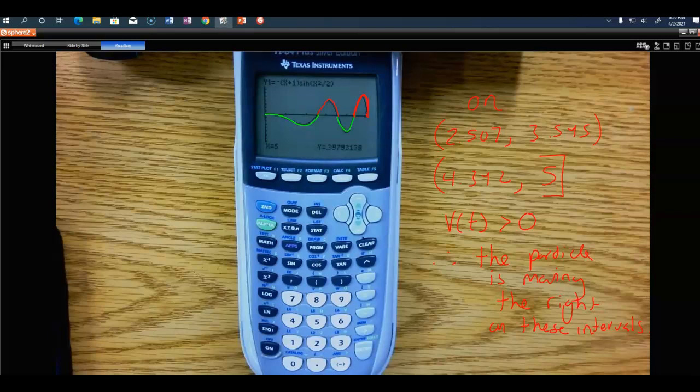So that would be from 0 up to 2.507, and from 3.545 up to 4.342, the velocity is less than 0, and therefore the particle is moving left on those intervals.